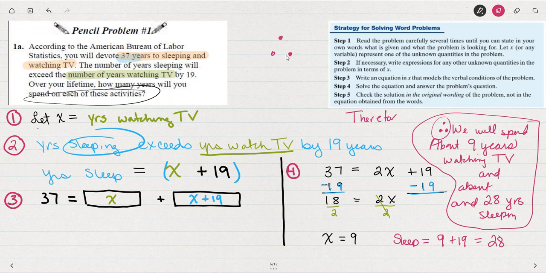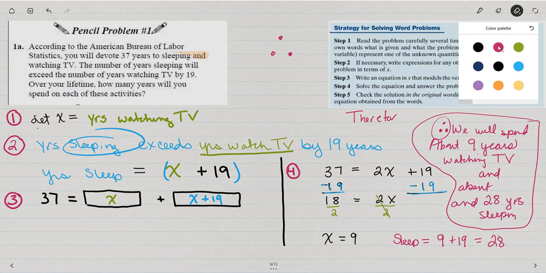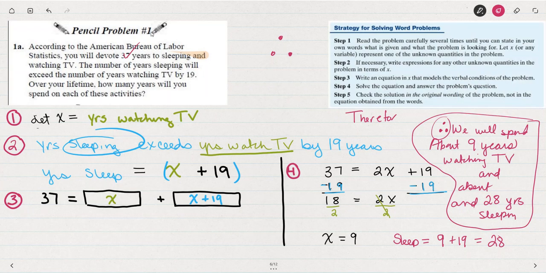Finally, step 5, check the solution in the original wording of the problem, not in the equation, from the words. So let's check to see if this makes sense. 37 years of sleeping and watching TV. Let me erase some of this extra work here. If it's 9 years for TV and 28 years for sleeping, I could check by adding 28 plus 9, and I verify that yes, that does in fact add to 37.